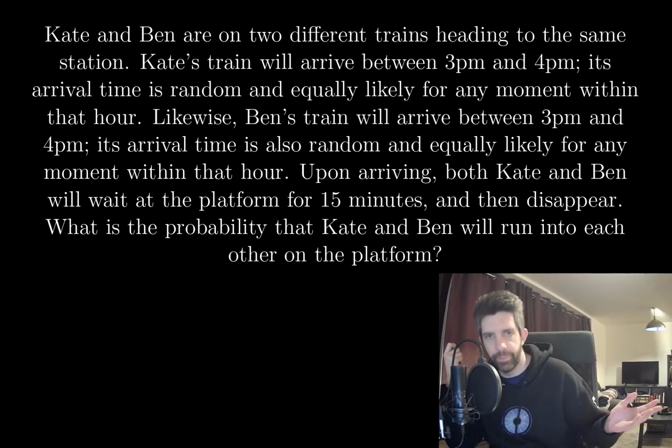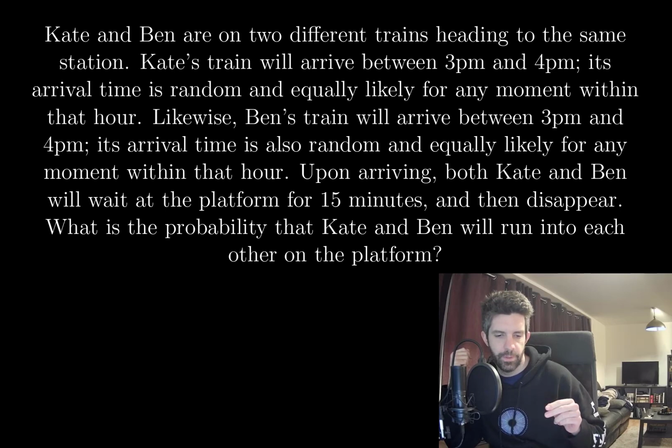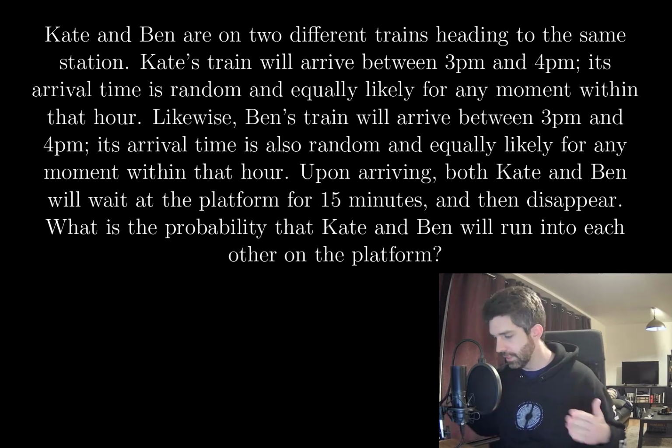Well, it doesn't say they're independent, but I assume they're independent, uniformly distributed on that interval. We need the two arrivals to be within 15 minutes of each other, or if we translate that to length of interval, they need to be within 0.25 of each other, one quarter of the interval length.